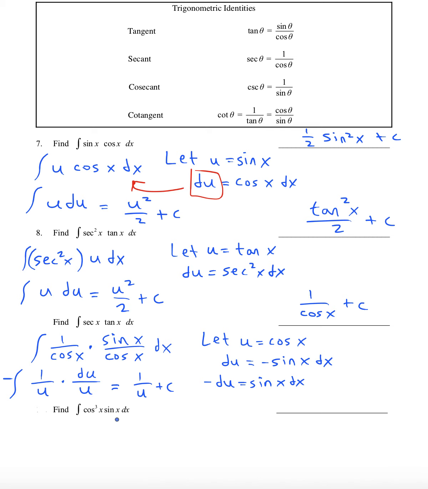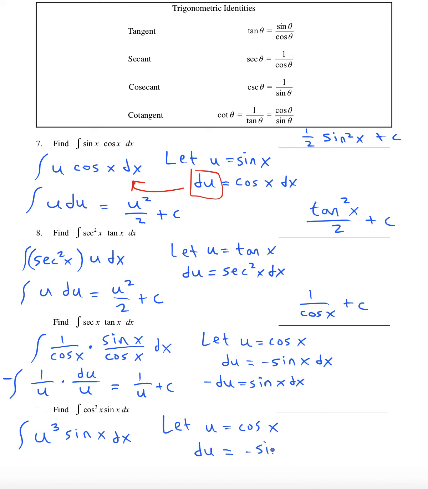Because we have several cosine x's here, I'm going to let u be cosine x, because it would be really nice to just get rid of them and make a u to the third. And the derivative of cosine x is sort of in the problem. As long as we do a little algebraic manipulation, we can make it work out well.